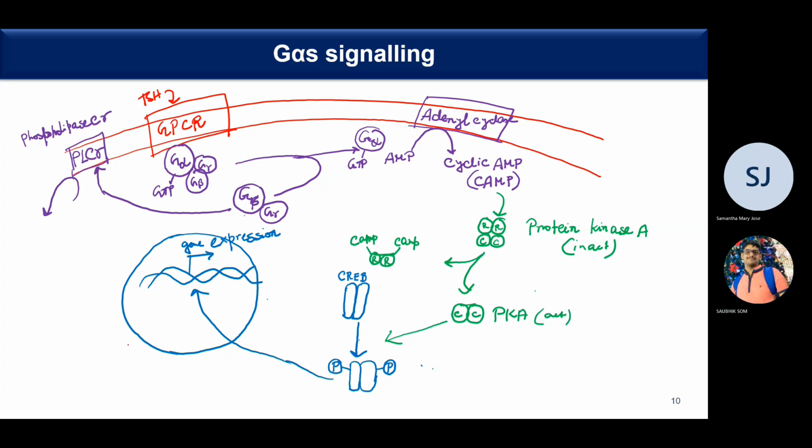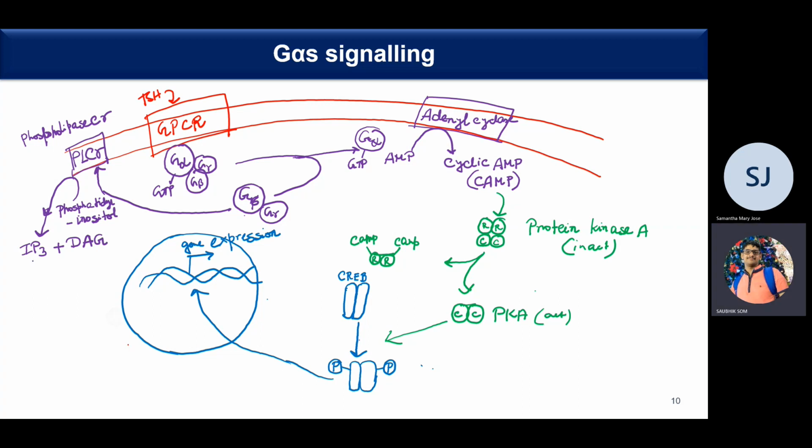It cleaves the phospholipids, known as phosphatidyl inositol, into IP3 plus DAG.